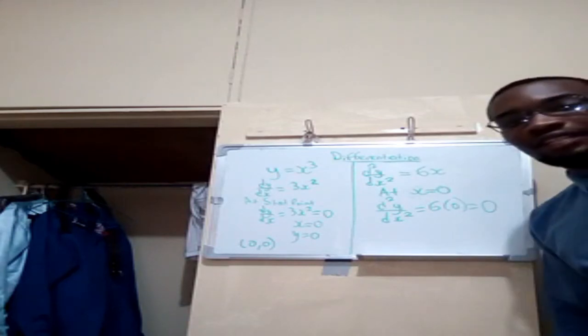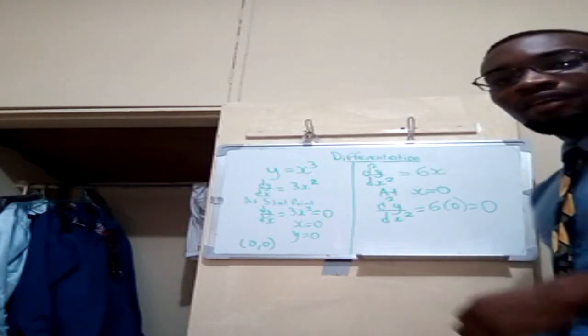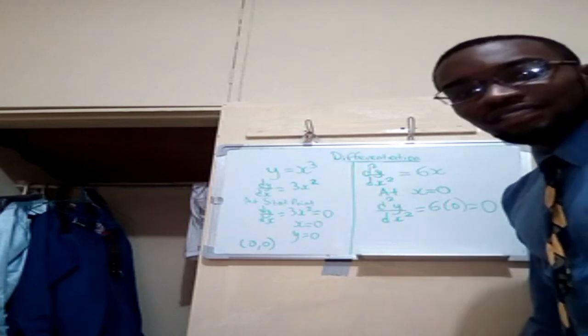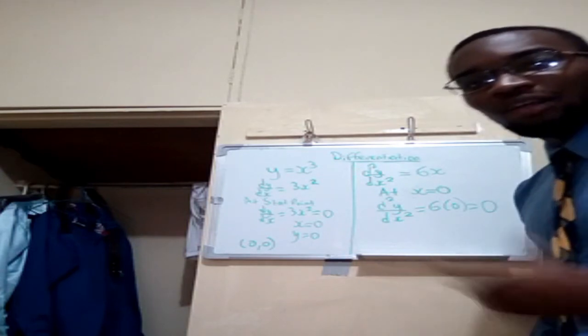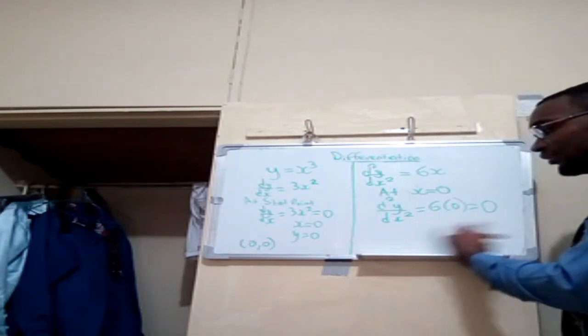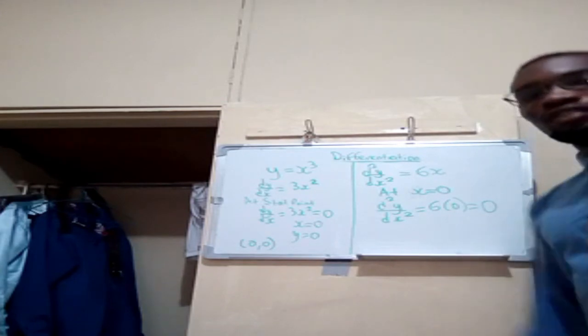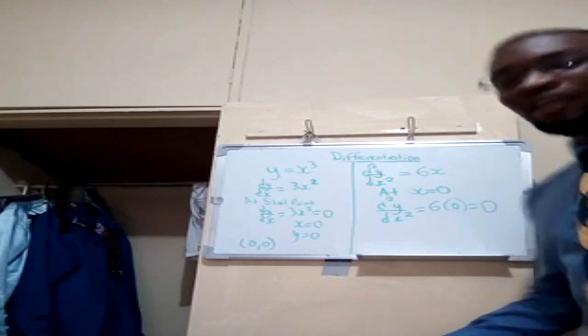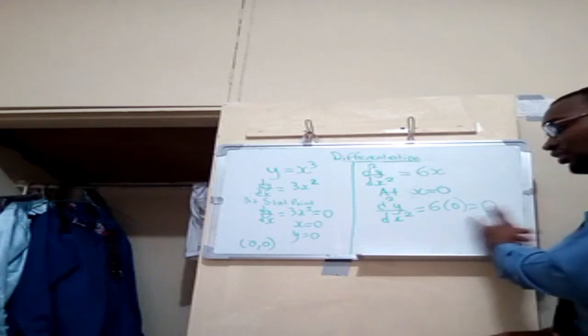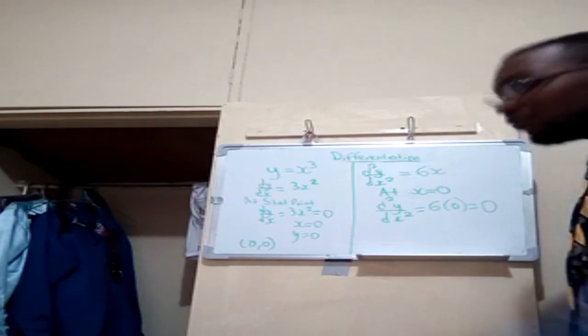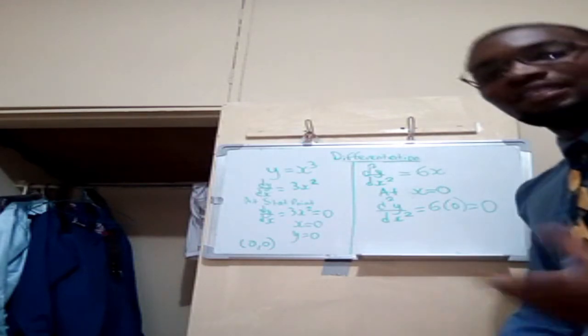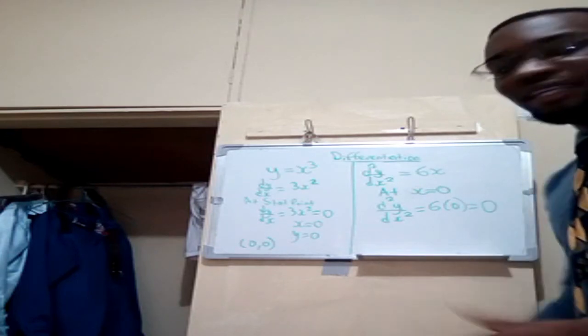When it's greater than 0, it's a minimum. Less than 0, maximum. Now look at this. This is equal to 0, so we don't know anything from this. So this is now known as a point of inflection. When it's equal to 0, it means it's a maximum and a minimum point at the same time.